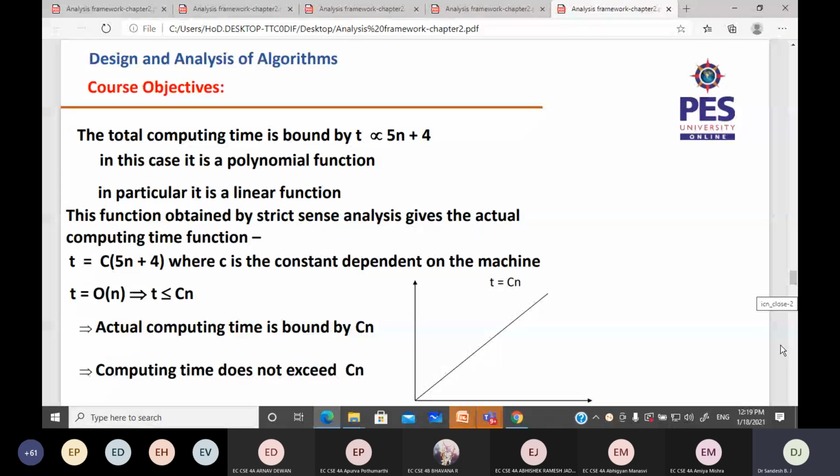Finding that is not difficult. For searching, it is the number of key comparisons which are happening. For sorting as well, it's the number of key comparisons. For matrix addition, it is the matrix dimension, the value of n, which will contribute to most of the running time. So finding that is not difficult.